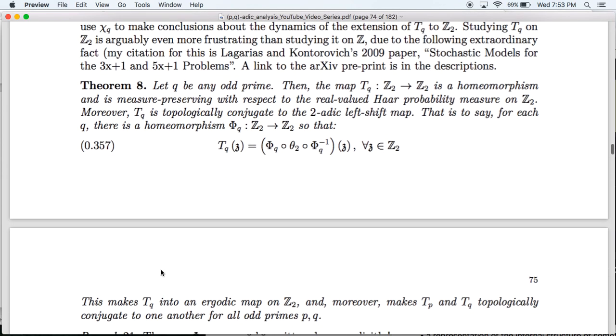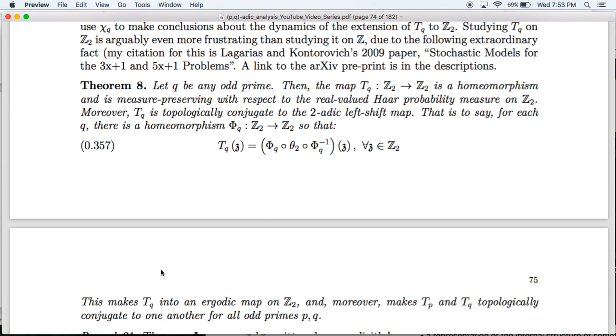Let q be any odd prime. Then the map tq, as a self-map of the two-adic integers, is a homeomorphism of z2 and is measure-preserving with respect to the real-valued Haar probability measure. In fact, tq is topologically conjugate to the two-adic left shift map.